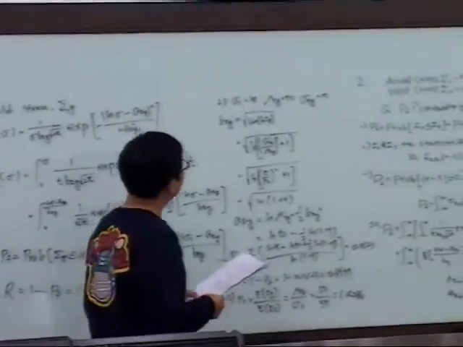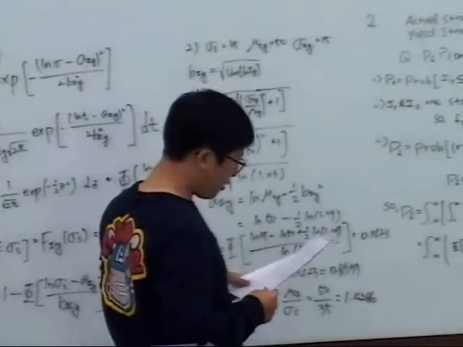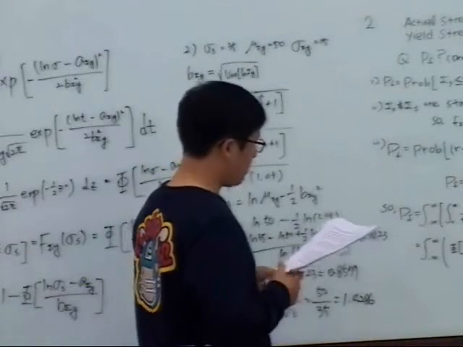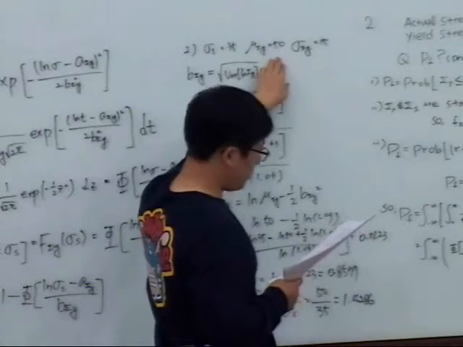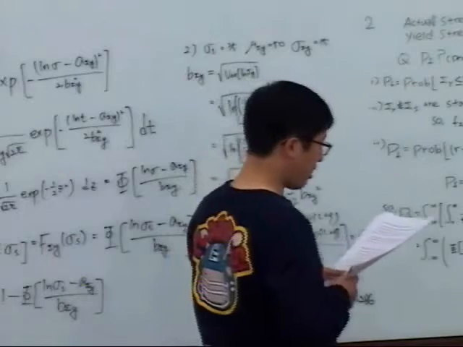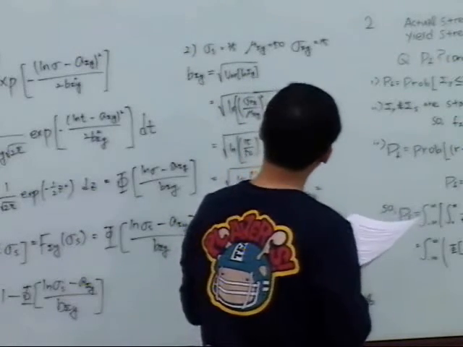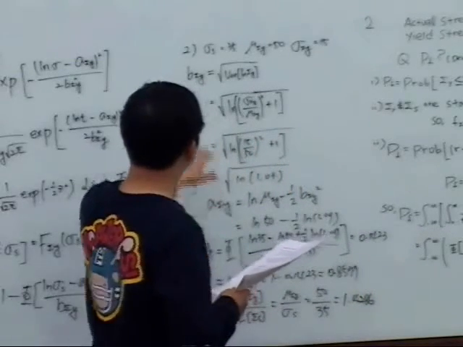Given sigma s is 35 kpsi, and the mean of the stress is 50 kpsi and standard deviation equals 15 kpsi.